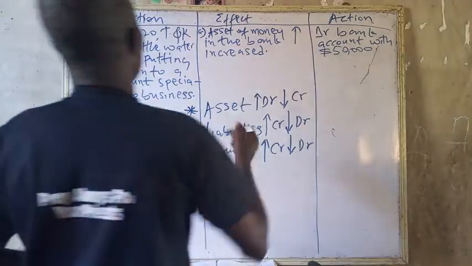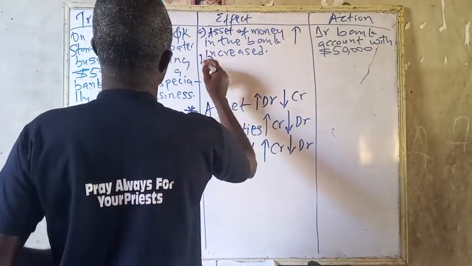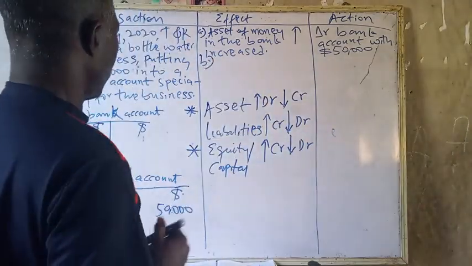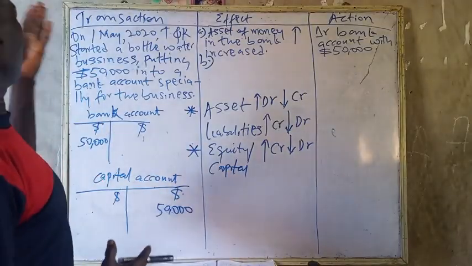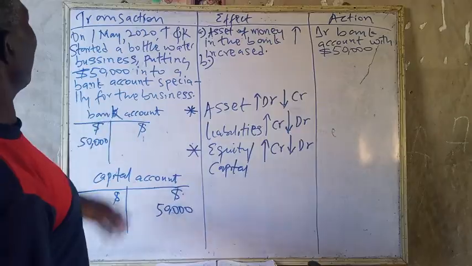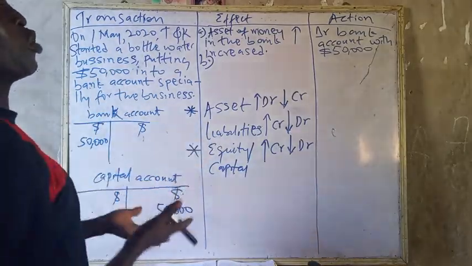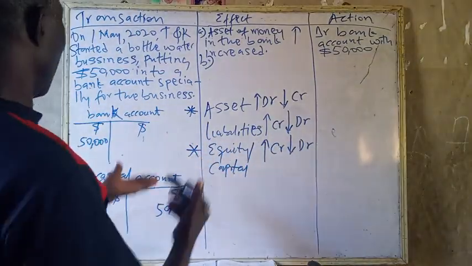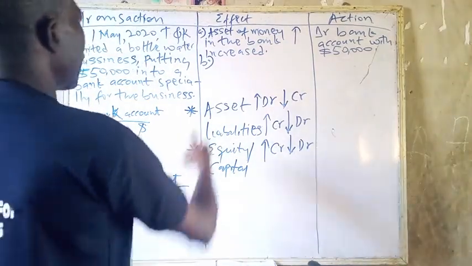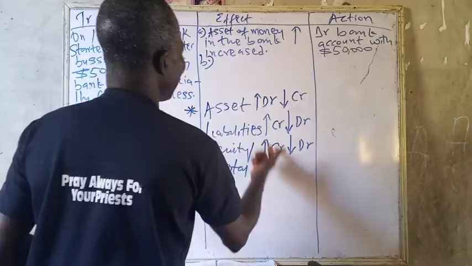Then what is this second effect? B. We said the second effect is that you put the money into a bank account, especially for the business. That is introduced capital. So the capital has increased.